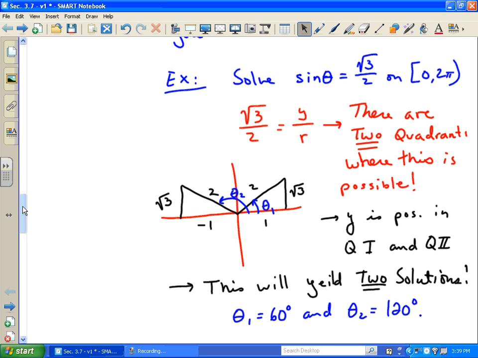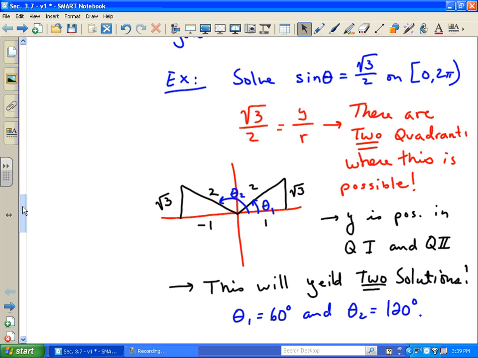There are 2 different quadrants that I can draw this triangle in. y is positive in quadrant 1, and it's also positive in quadrant 2. So I can draw 2 different triangles that would represent sine of theta equals the square root of 3 over 2. That being the case, there are 2 different solutions to this equation. There's an angle in quadrant 1, which we can see is 60 degrees, and then there's an angle in quadrant 2 that we can see is 120 degrees.